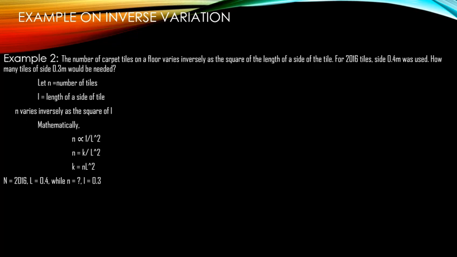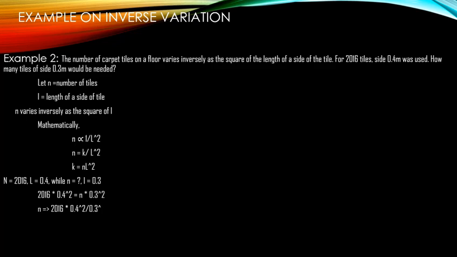Then k, as the subject of formula, is equals to n l squared, because we are looking for k first. When n is 2016, l is 0.4, n we don't know, and l is 0.3. So 2016 times 0.4 raised to power 2 is equals to that k, that's n1 l1 squared is equals to n2 l2 squared.